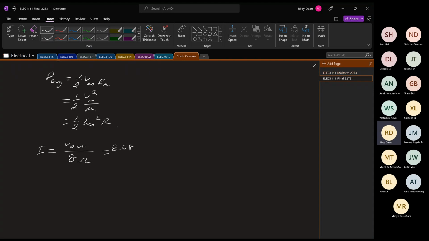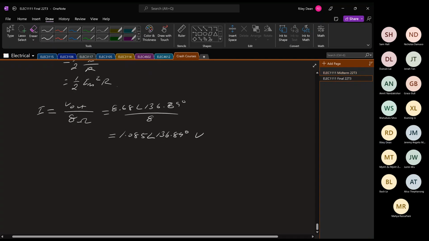Which gives us 8.68 angle 136.69 degrees over 8. I get 1.085 with that same phase angle because there is no phase change on the bottom.